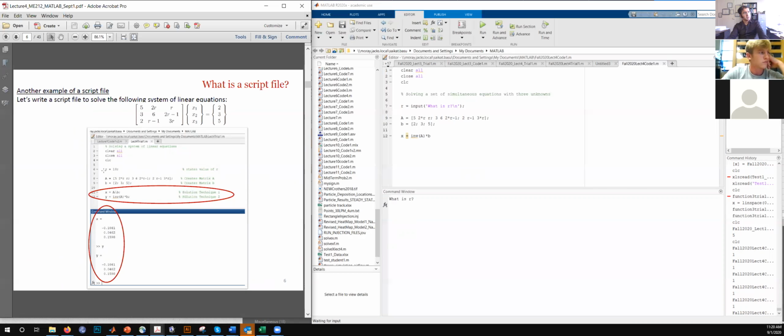For example, in this example, instead of having R as a question that MATLAB is going to ask you, I have already plugged in a value of R, which is not always the most useful thing to do. But the moral of the story is whenever MATLAB encounters this line where A is being input, which has R in its elements, it needs to know what R is. And you need to make sure that R is there in MATLAB's memory when MATLAB encounters those lines of the code.